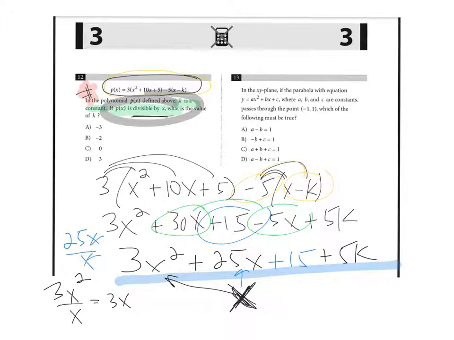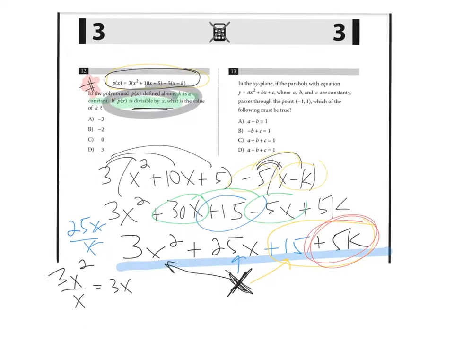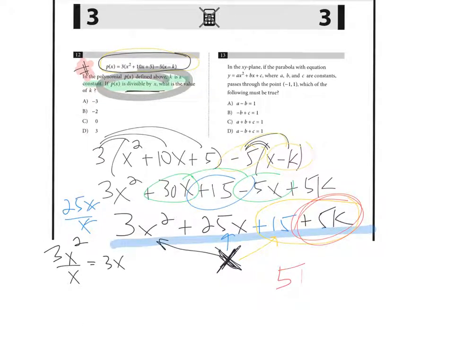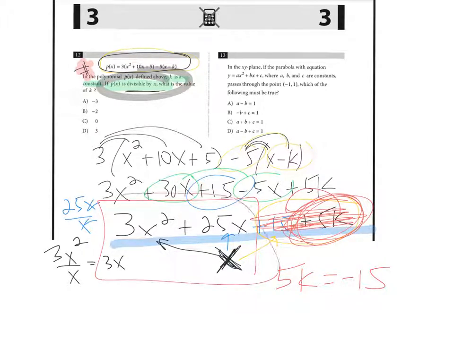Here's the problem. X doesn't go into the 15. So what I really need to do is get rid of that 15. And if 5k was equal to negative 15, then the negative 15 would cancel out the positive 15. This would all be gone, and then x would be divisible because x went into these first two terms.